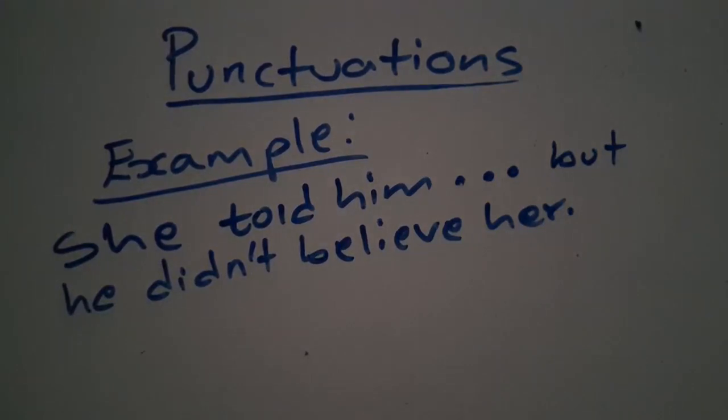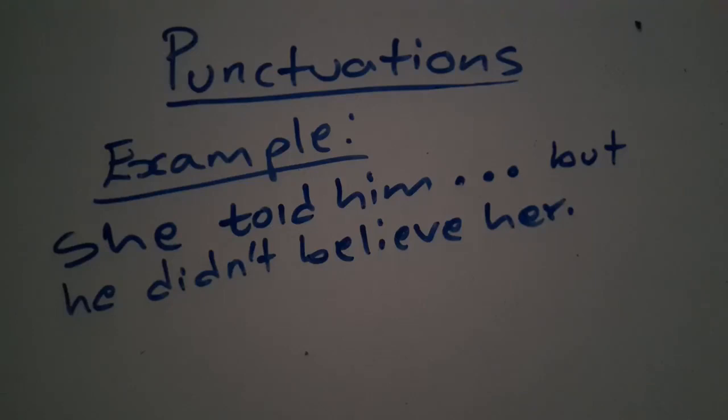And there we go, dear listener and dear learner. She told him... but he didn't believe her. So you see that this sentence is leaving you and I in suspense, and that is the whole point of an ellipsis, to make you as a reader fill in the gap.